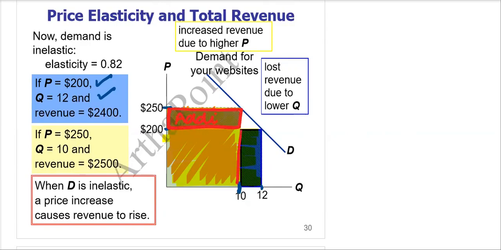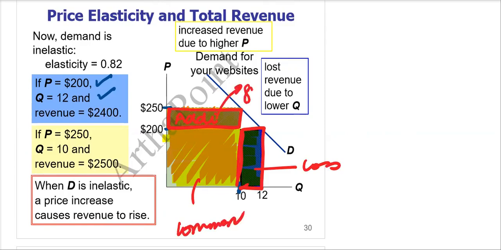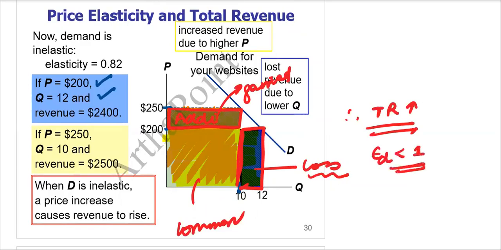The revenue that you have lost is this much. This is the common area. The revenue that you have gained is more than what you have lost. So therefore, overall, there is an increase in total revenue when elasticity of demand is less than 1. So when demand is inelastic, a price increase causes revenue to rise.